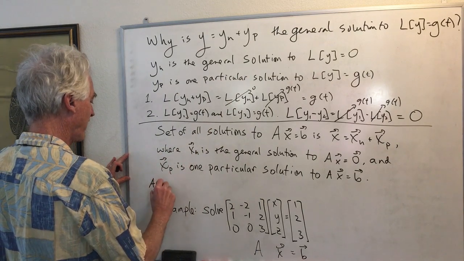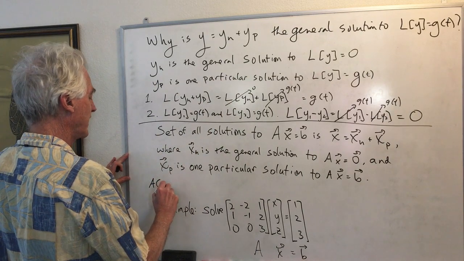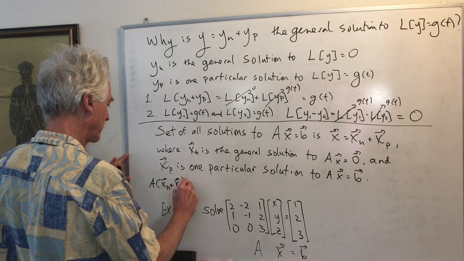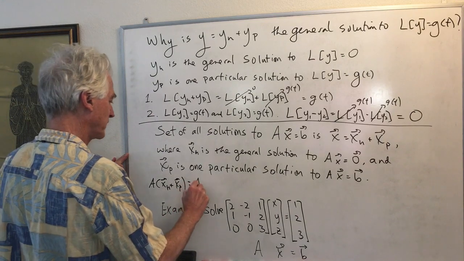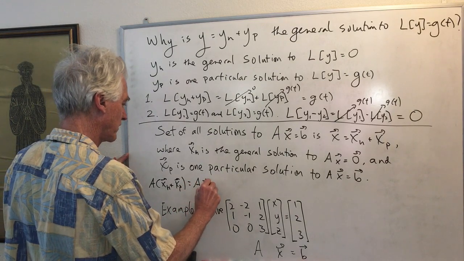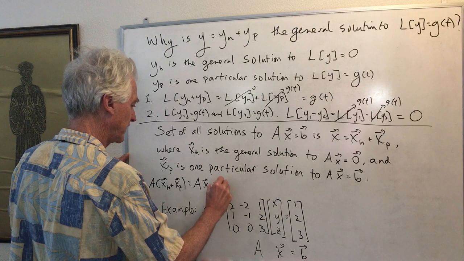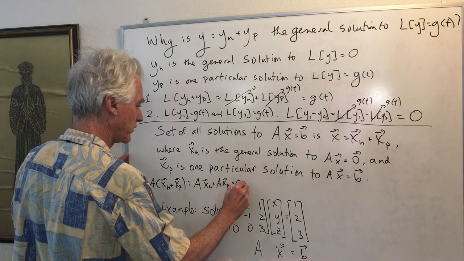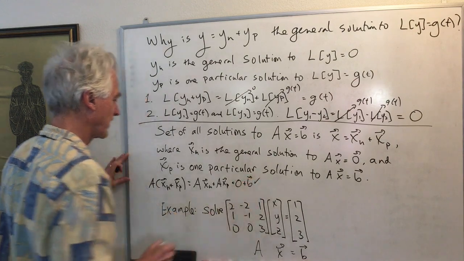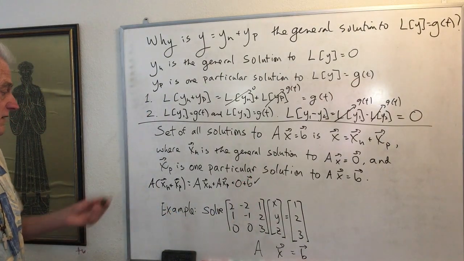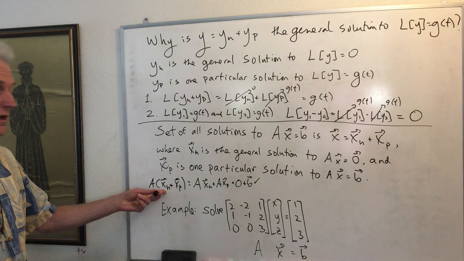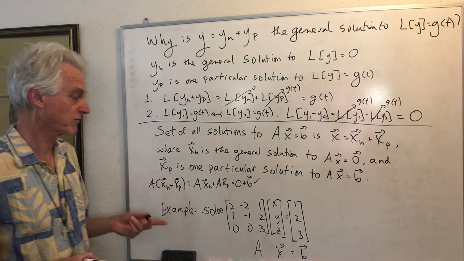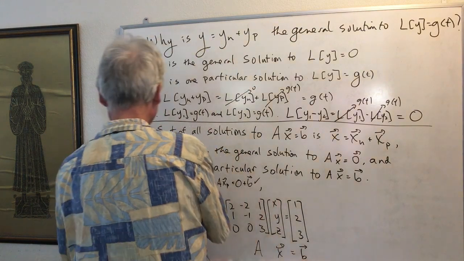If I take A of xh plus xp, those are vectors. This is matrix-vector multiplication. We know that's Axh plus Axp. All right, so that's equal to 0 plus b. So I got that first thing. For any vector in xh, this works. And then number 2, that was 1.